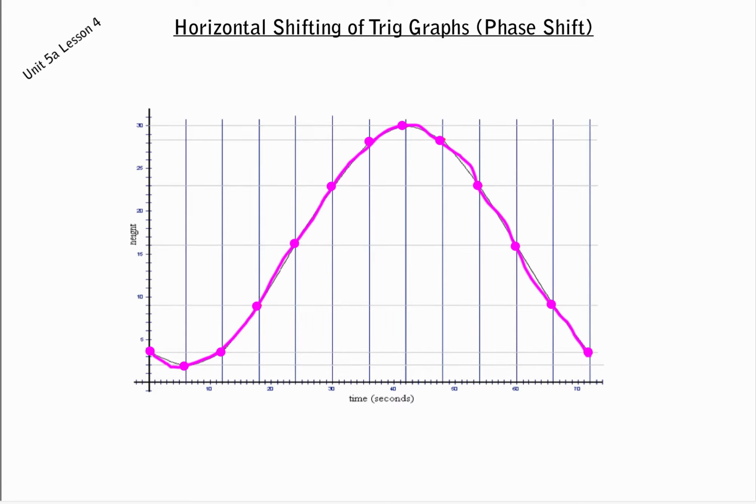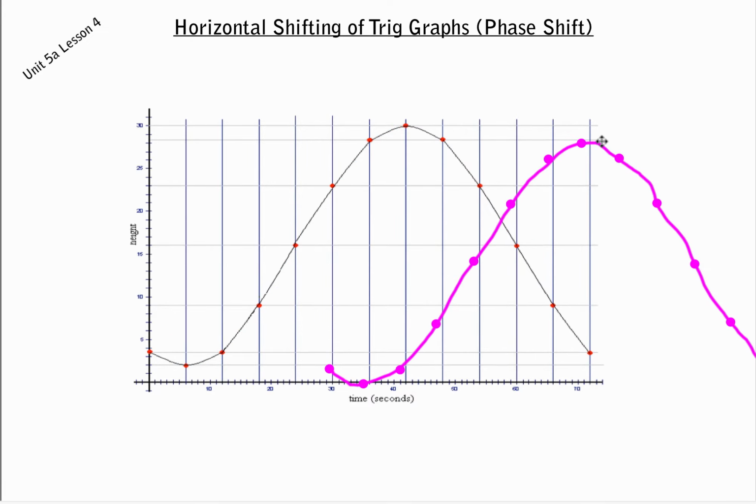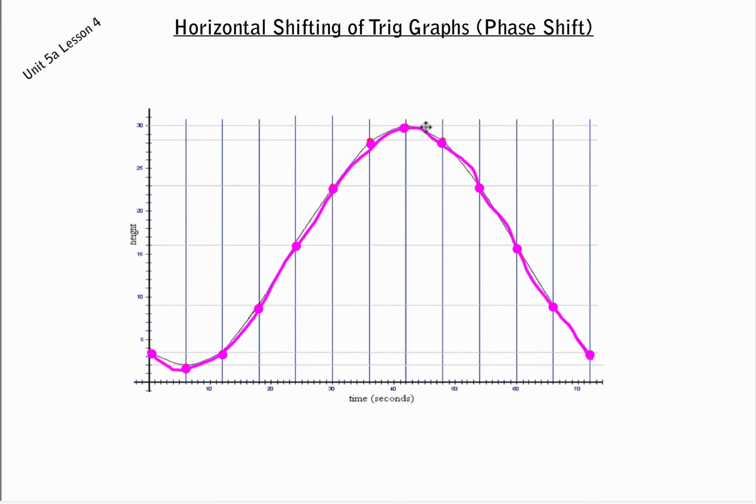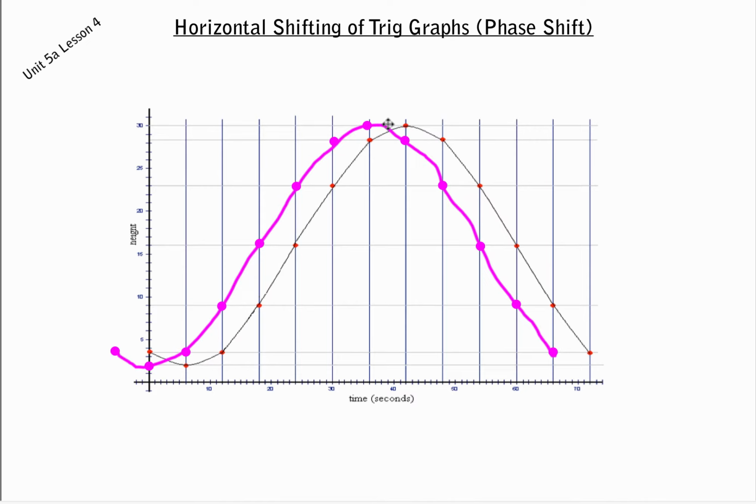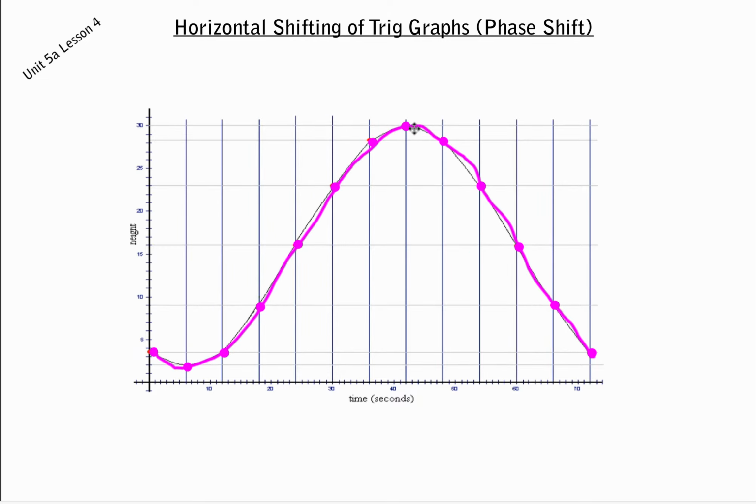All right, so what we have down here is I have a graph originally, and then on top of it, I loosely traced it, and I have the dots. And you can see what happened here. What you have to realize is that I can have a cosine wave. See, this pink one looks like an upside down cosine wave that then got shifted to the right.